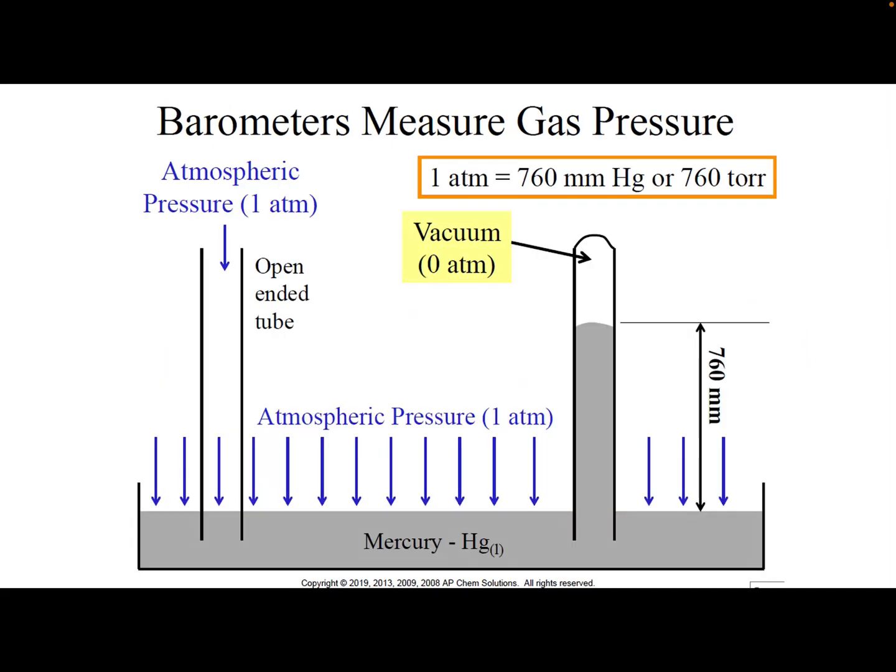Okay. Barometers are the tool that's used to measure gas pressure. So the atmospheric pressure pushes the mercury in the tube, basically. So we have mercury in the tube, and the atmospheric pressure is going to push the mercury up the tube. And it's pushed up by the atmospheric pressure pushing down on the mercury in the pan.